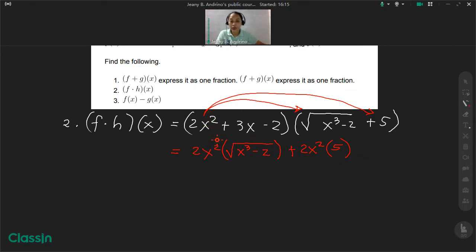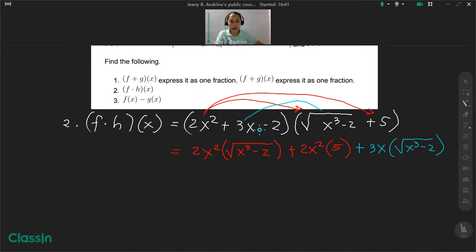Next is, we're done with the first term. We go to the second term. Second term is 3x. So we'll be distributing that one on the first term of the other function. So we have positive times positive. That is positive still. We have 3x times your square root of x cubed minus 2.